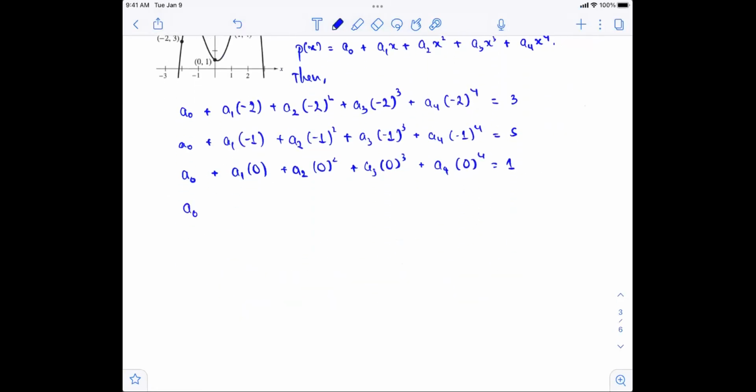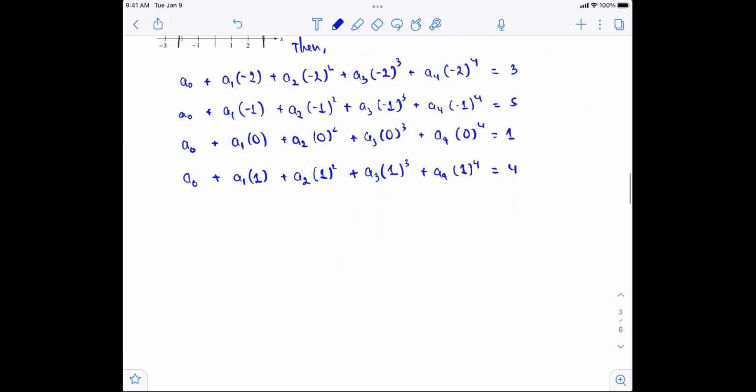The fourth equation is a0 plus a1 times 1 plus a2 times 1 squared plus a3 times 1 cubed plus a4 times 1 to the fourth, and that is equal to 4. The last equation, a0 plus a1 times 2 plus a2 times 2 squared plus a3 times 2 cubed plus a4 times 2 to the fourth equal to the output, which is 10 in this case.